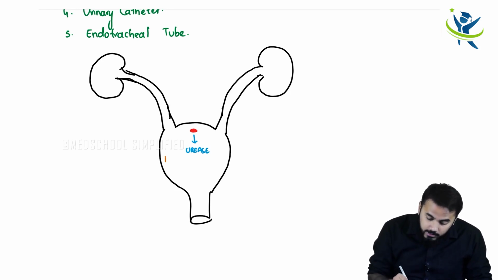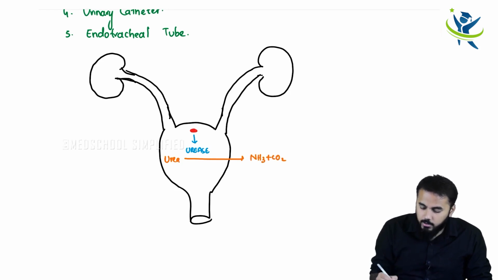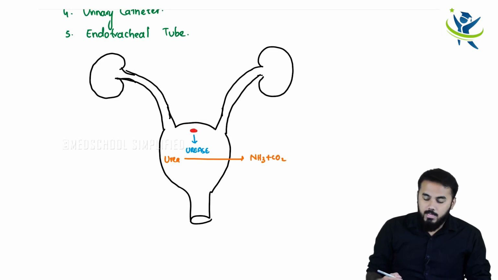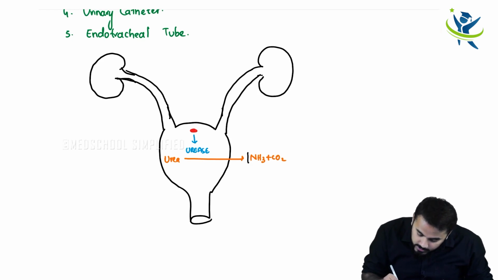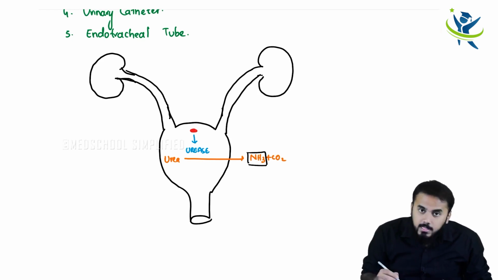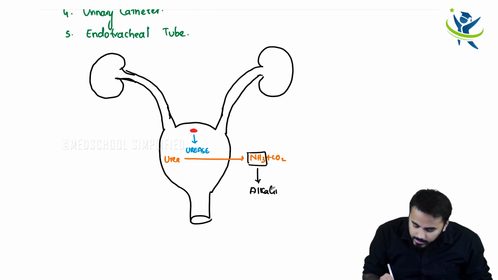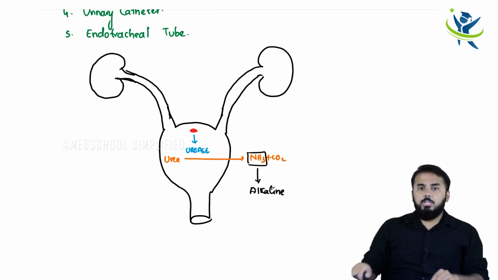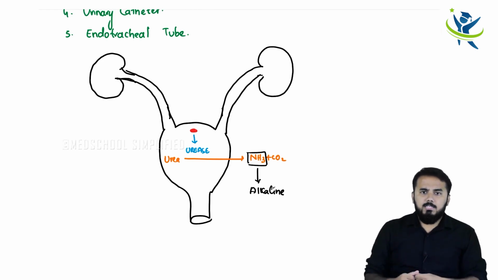It will convert urea into ammonia plus carbon dioxide. And all of you know very well that this ammonia which is released here is alkaline, right? So is the urine alkaline or acidic?